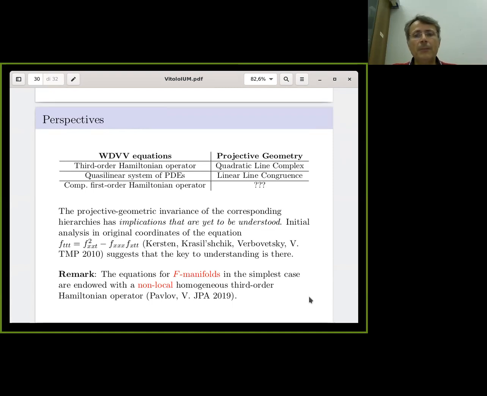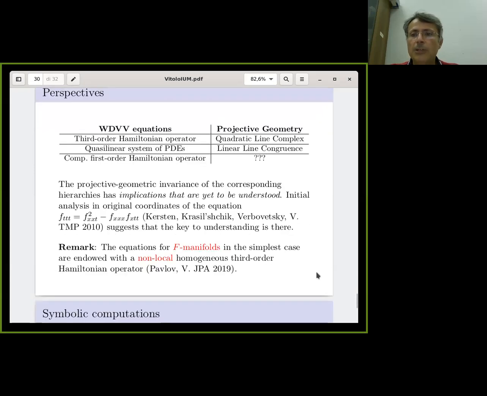There should be a geometric property of WDVV which says there is a certain algebraic variety or more algebraic varieties attached to these equations, and you can find them in this and this way. But we still do not have results that I can show you. We have some conjectural thinking at the moment.